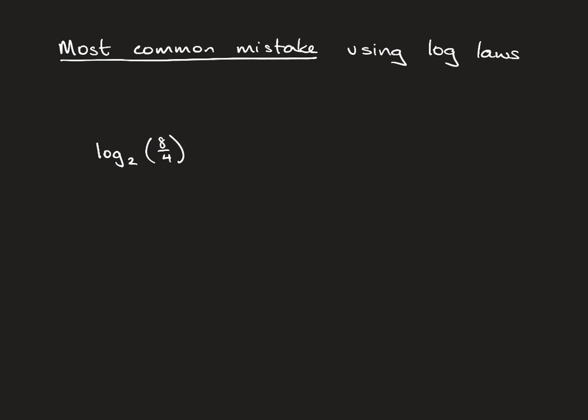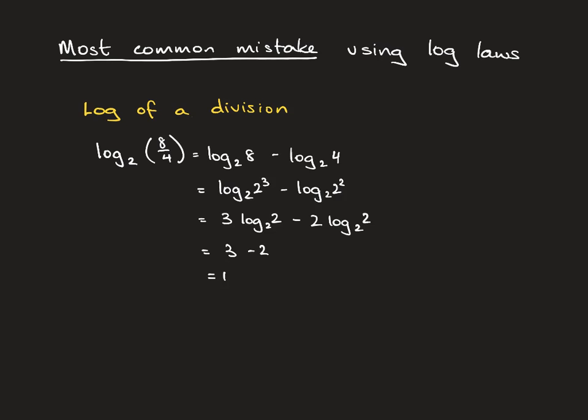The most common mistake that people make using log laws has to do with the log of a division. It's not so much the mistake they make when they do the log of a division, but what goes on in their head when they see a division and a log together. Most frequently it's something that looks like this, where they have a division of a log, so log divided by log, rather than log of a division.